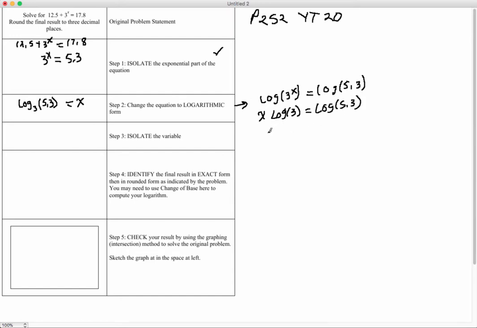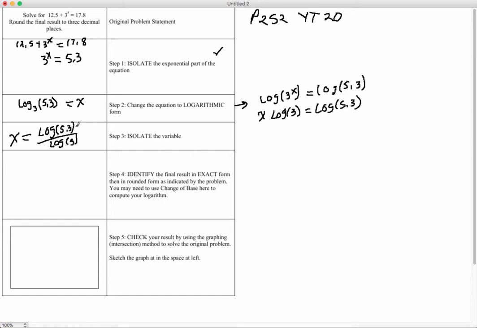Isolating the variable in the last step says that x is equal to the log of 5.3 divided by the log of 3.